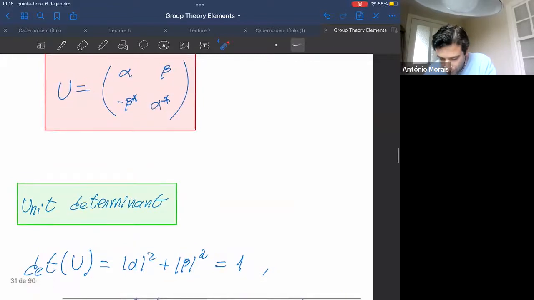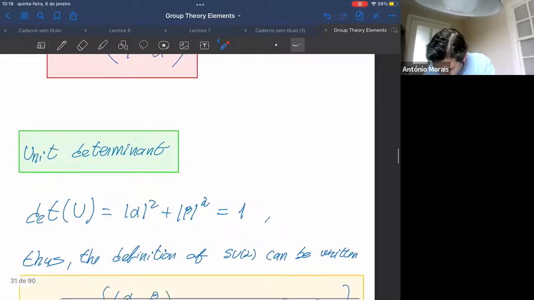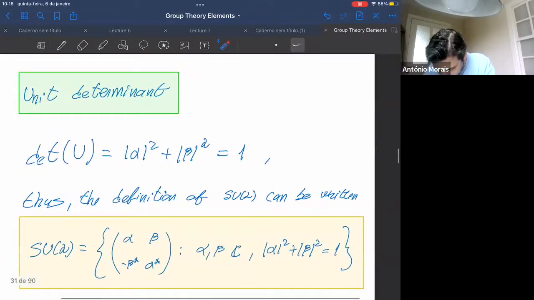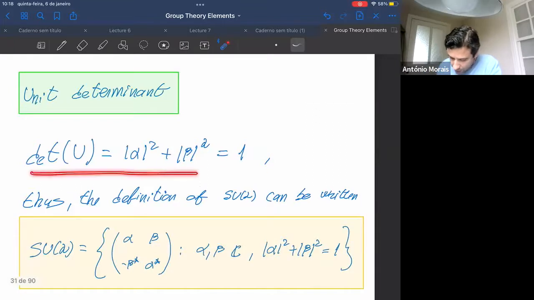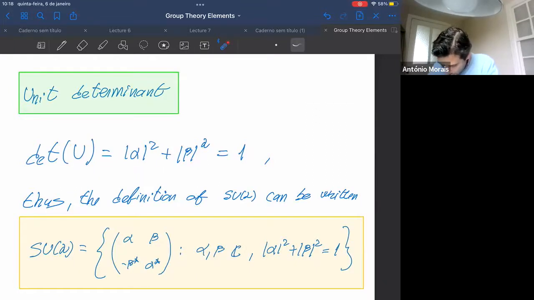So you have 4 degrees of freedom here, because you have 2 real degrees of freedom for alpha and 2 real degrees of freedom for beta. But now with this definition of the determinant, you can basically redefine in terms of matrices what SU(2) is.